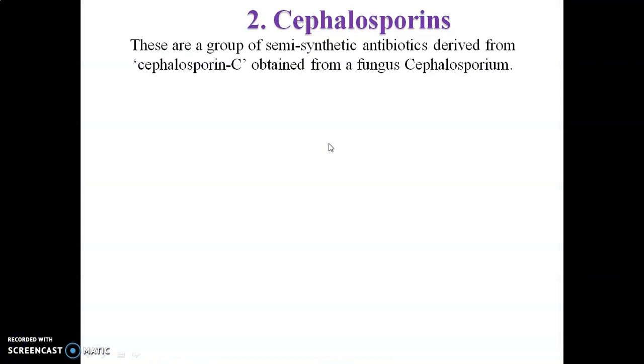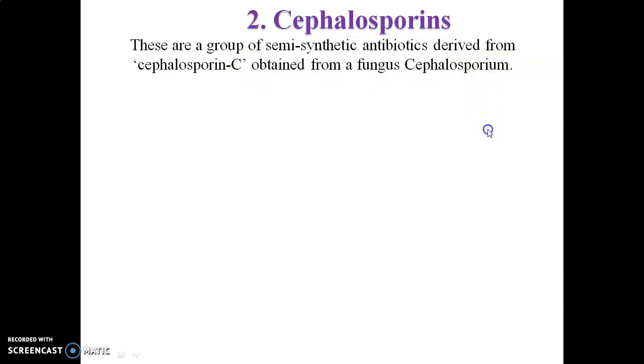Then the second derivative having the beta-lactam ring is cephalosporin. These are semi-synthetic antibiotics derived from cephalosporin C. It is obtained from a fungus, Cephalosporium.